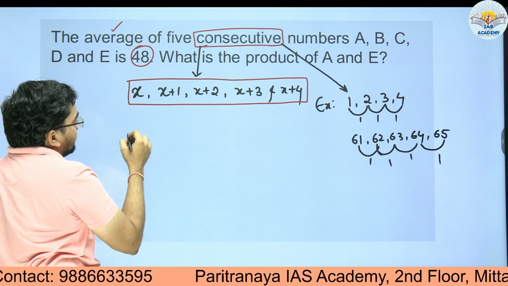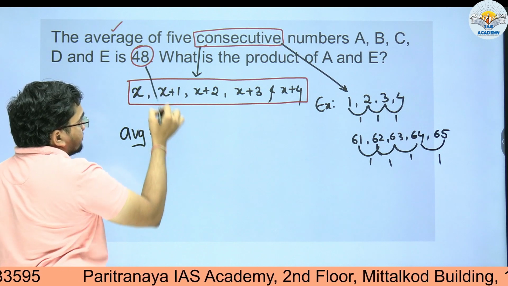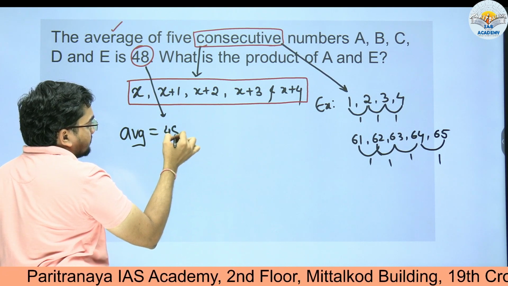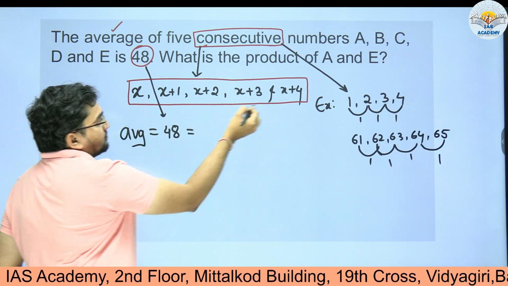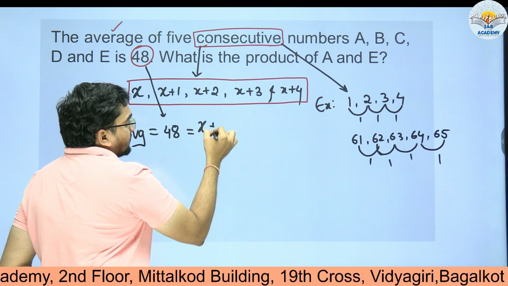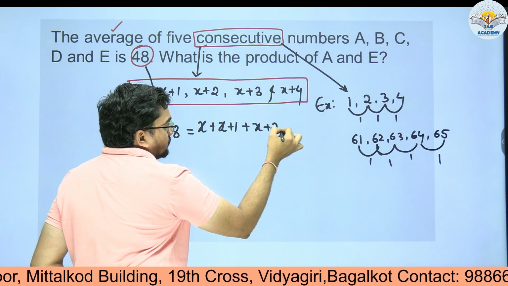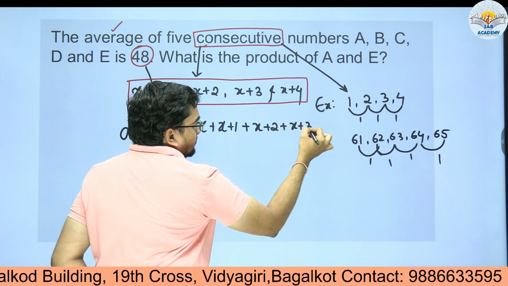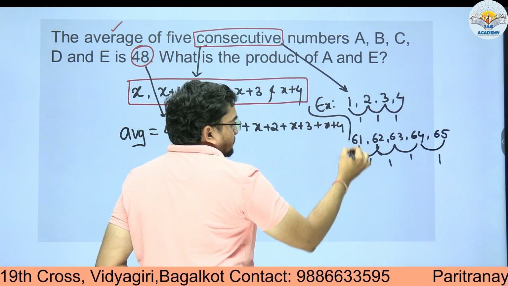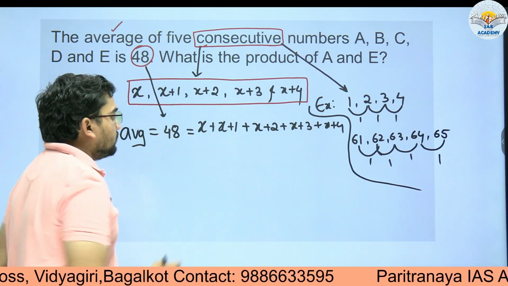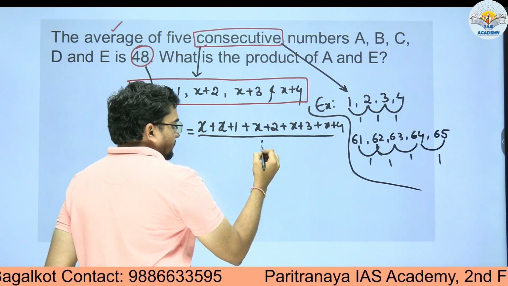Already the average is given as 48. That should be equal to the sum of these observations, that is x plus 1 plus x plus 2 plus x plus 3 plus x plus 4, whole divided by how many observations there are? Obviously 5.